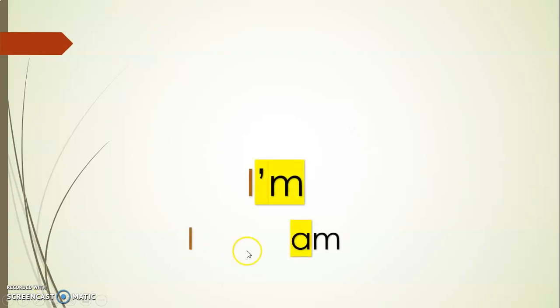Now, if I want to shrink this and change it into a contraction, I know I'm going to get rid of a letter in my second word. So let's see what that looks like. So I am becomes I'm. Notice that apostrophe is replacing that A. So here's your second word, am, but that A is replaced with an apostrophe, that little tiny dash up top.